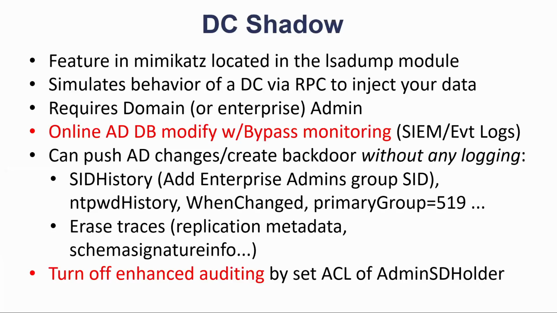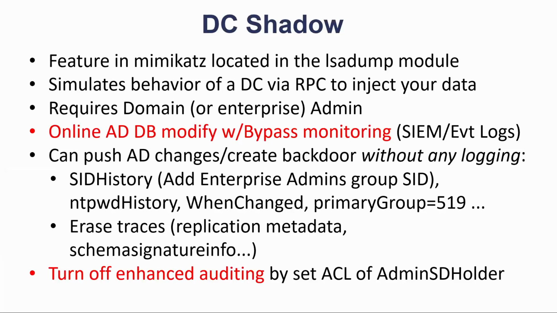You can play with time. You can make modifications to the whenChanged attribute, so basically, you can change objects in the past. You can say that this object was changed not today, but yesterday or a week ago. You can change the primary group of an object, for example, 519, so the primary group would be enterprise admins, etc.